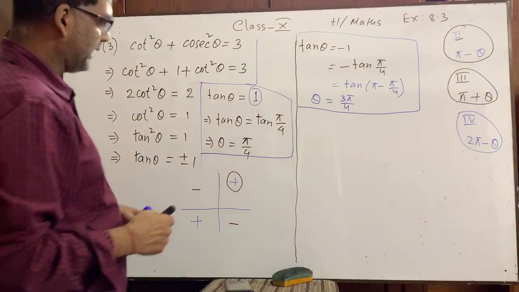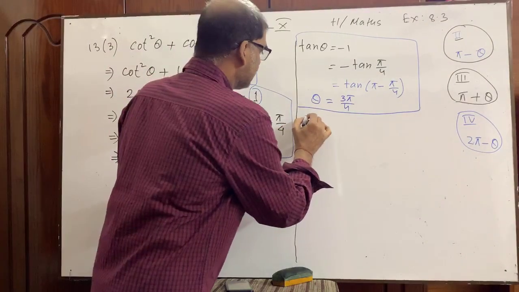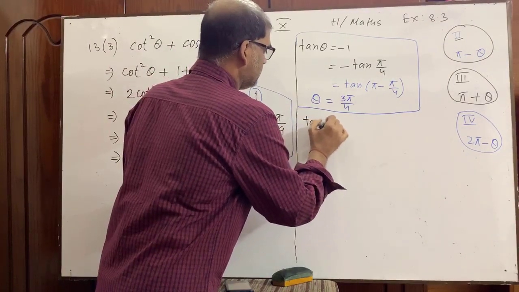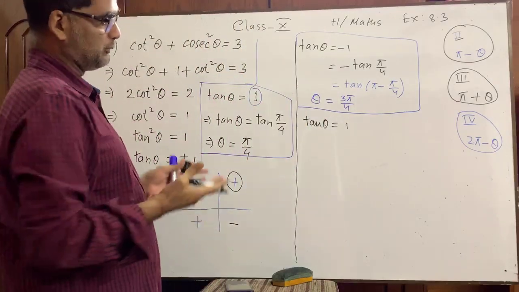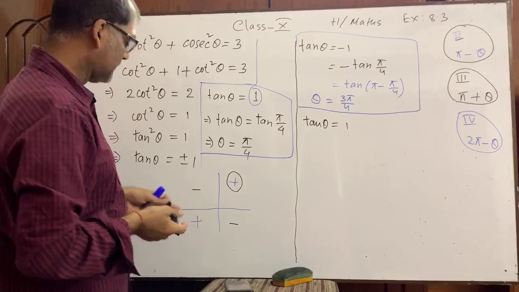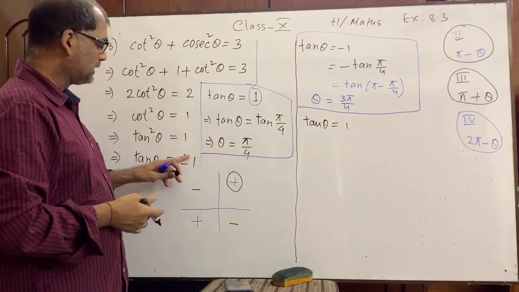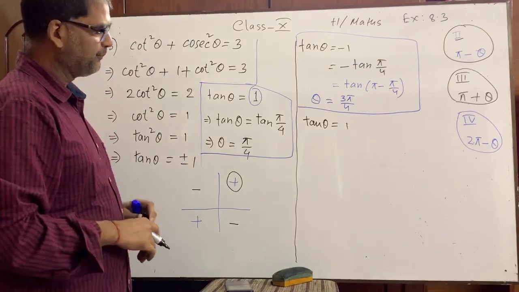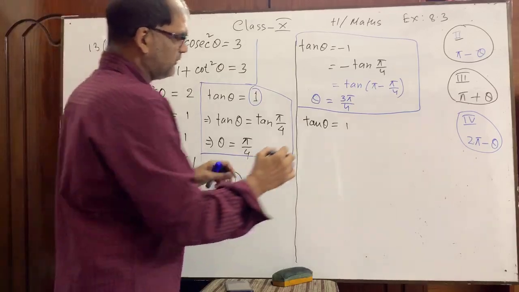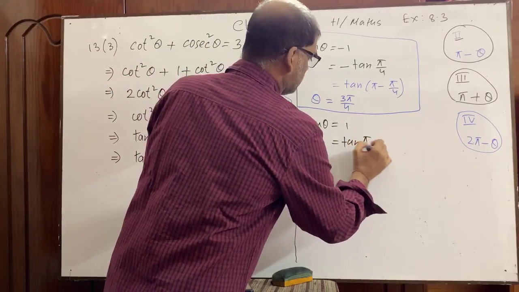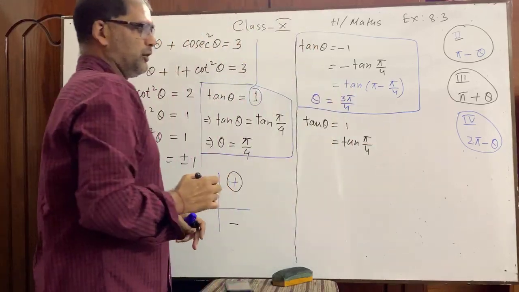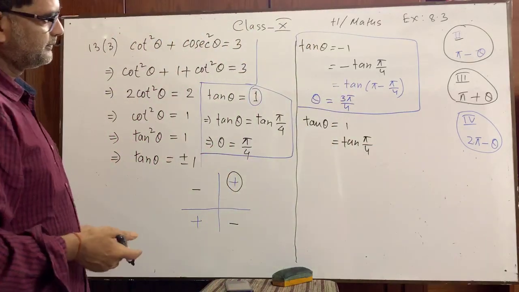So I can write here tan theta is equal to 1. I have told you that I am going to the third quadrant where tan theta is positive, and we have plus and minus both the signs. Okay, that is equal to what? Tan pi by 4.